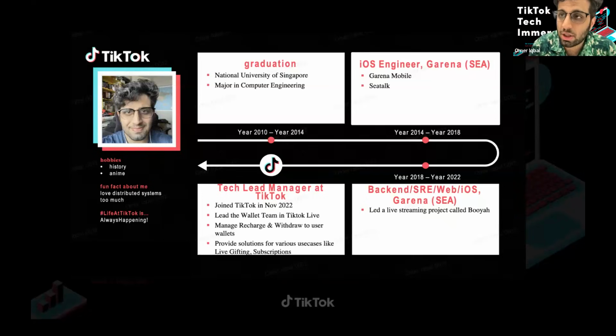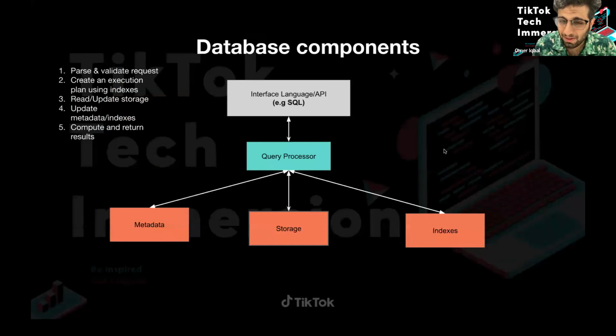All this system is handled by what we call the wallet team. So it's quite an important system. It's important for revenue, both our revenue and also the creators' revenue. And it's a system where correctness is very, very important and stability is very, very important. And we deal with databases a lot, so you can imagine that.